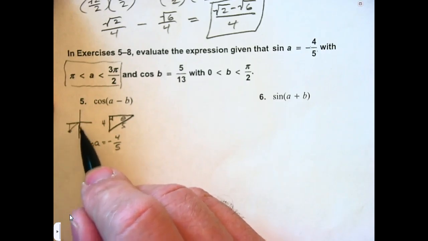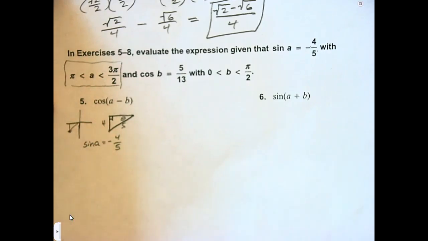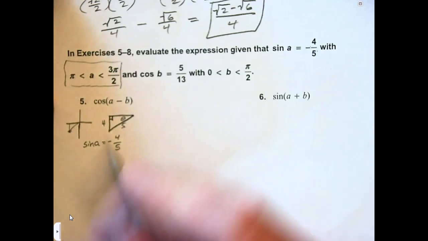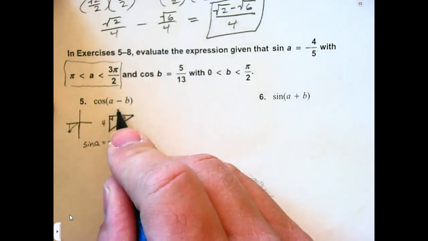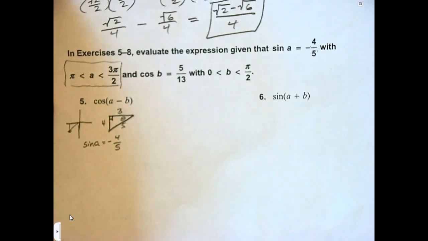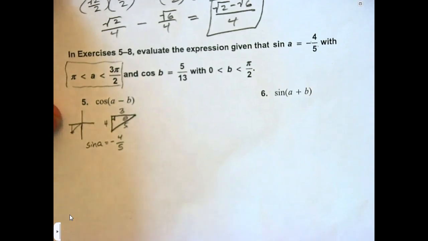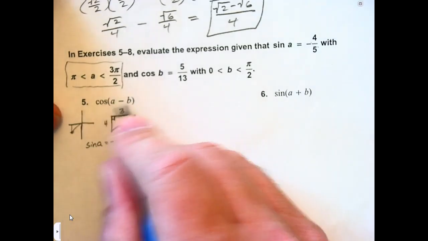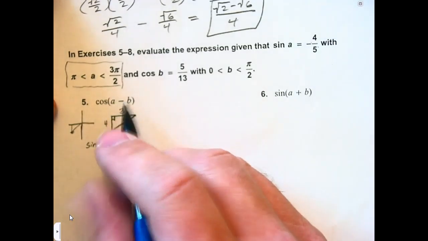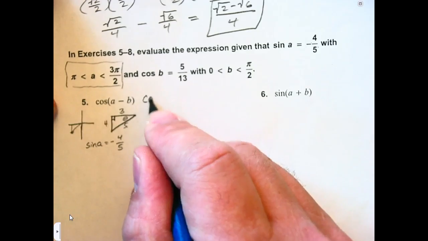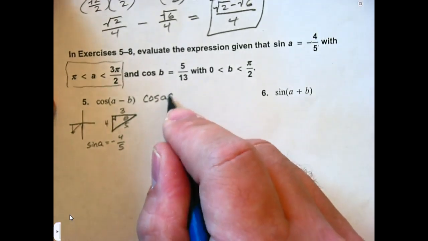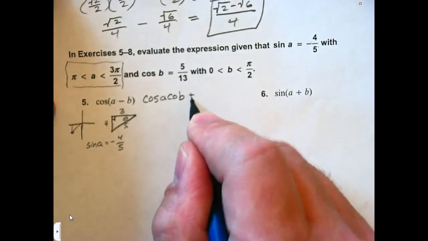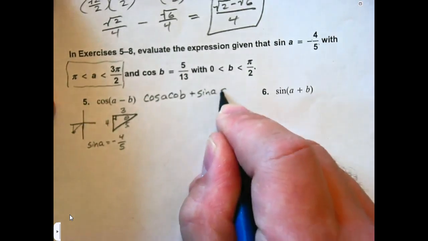We're down here in the negative y values. So the reason we'd have the triangle is to figure out that side length, which is 3. The reason we need to figure that out is because to calculate this, we have to use the difference formula for cosine. So cos A cos B plus sine A sine B.